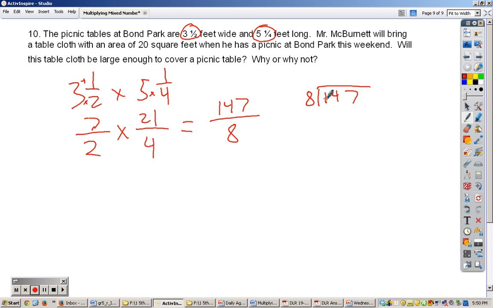So 8 goes into 1, 0 times. 8 goes into 14, 1 time. 1 times 8 equals 8. Subtract, and drop the 7 down. 8 goes into 67.